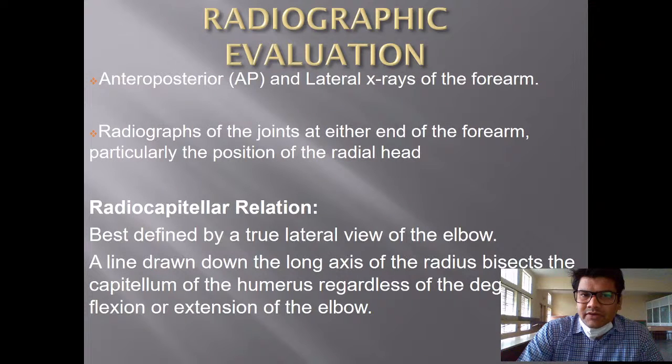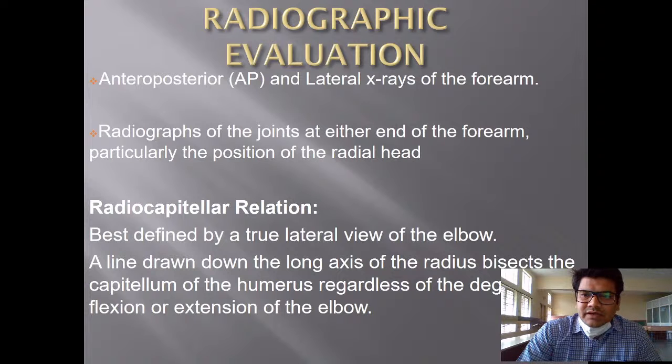X-ray evaluation: AP and lateral X-rays of the forearm, and X-ray of the joints at either end of the forearm, particularly the position of the radial head. Radiocapitellar relation: as you know, the radial head articulates with the capitellum of the distal humerus, and the proximal ulna articulates with the trochlea of the distal humerus.